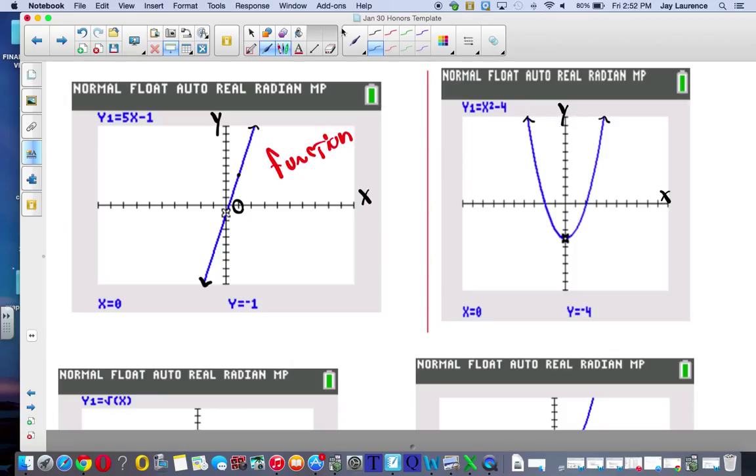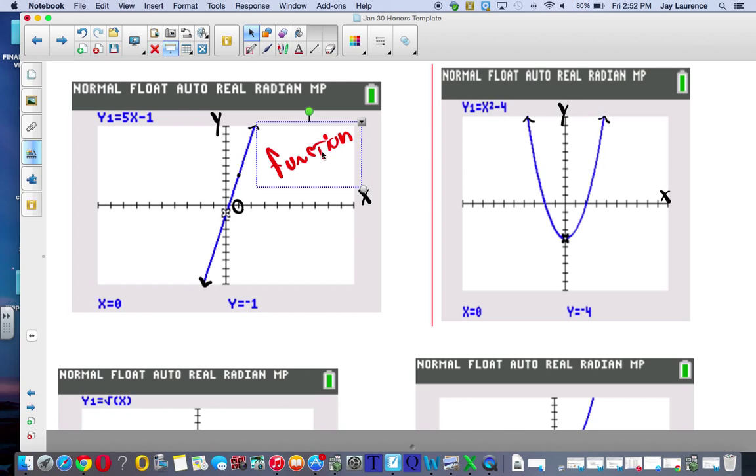No, there isn't. And I can prove that using my vertical line. There's no place I can put this vertical line that it will intersect the blue segment more than once. So this is also a function.